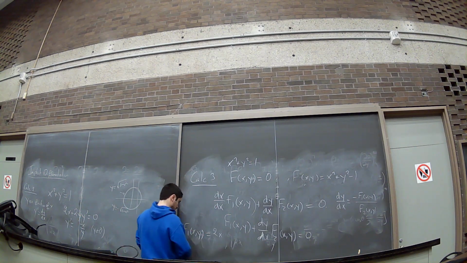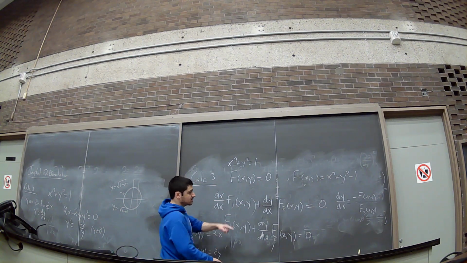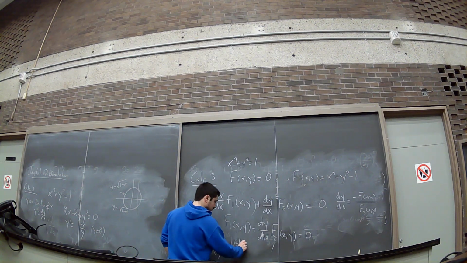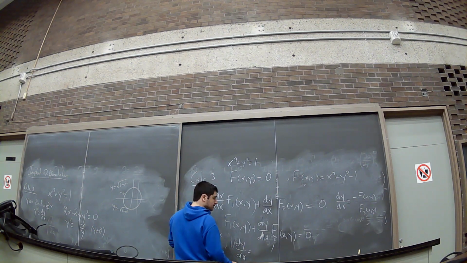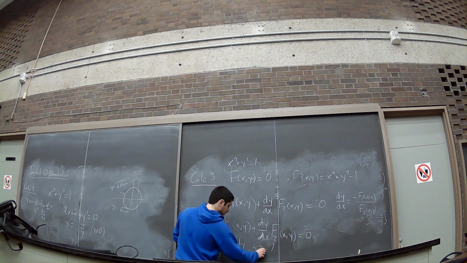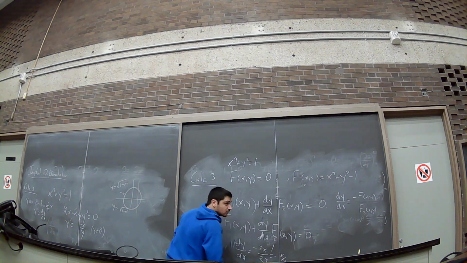And f2(x,y) is equal to what? 2y. This theorem tells me that dy by dx is equal to what? That is minus 2x divided by 2y, which is minus x over y.